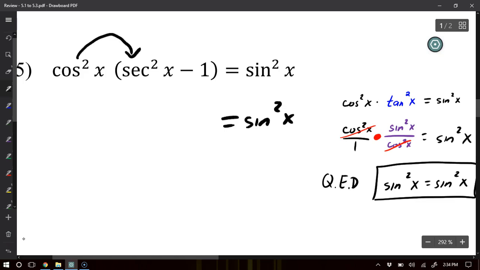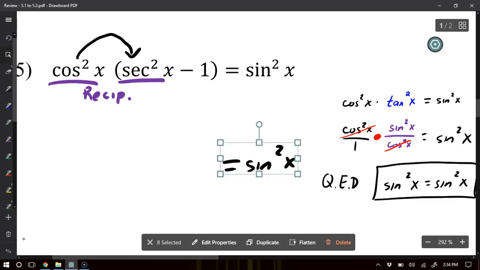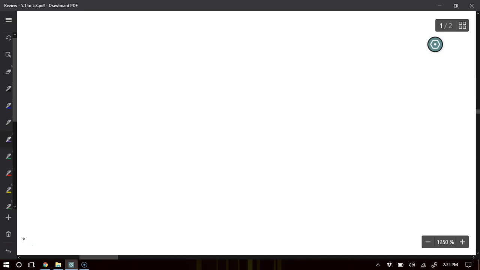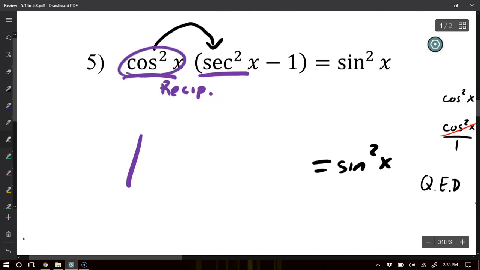And the reason why is because these two are reciprocals of each other. And when you multiply a number by its reciprocal, you get 1. And so that's a really good move because it allows me to change and get rid of these two trig ratios right away. And then I'm going to do cosine squared times negative 1. So that's just negative cosine squared of x.